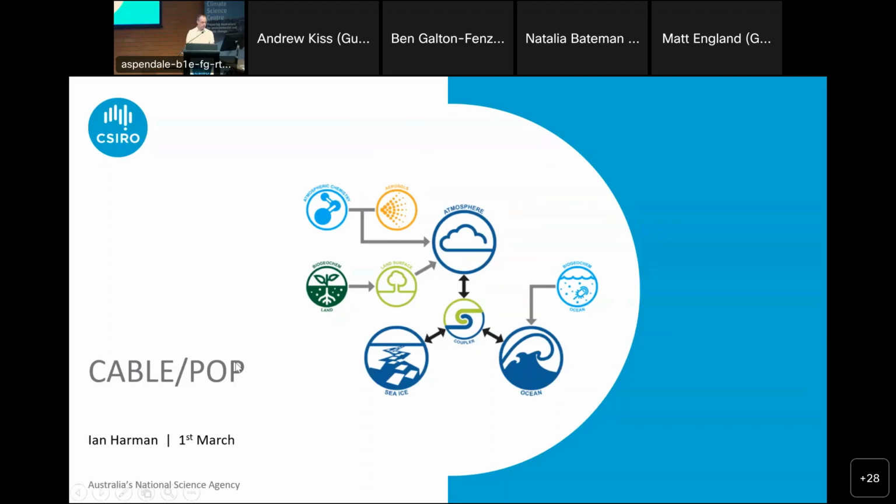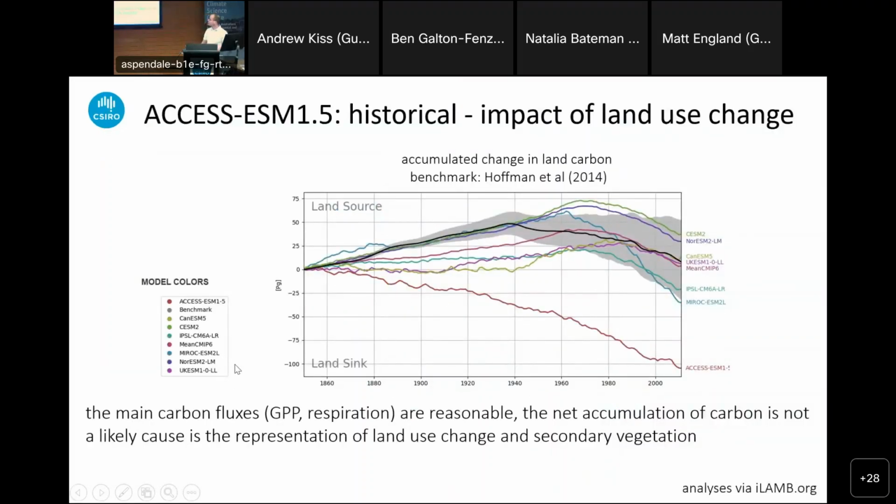Back in October, the land surface modelling group got together and we did a somewhat warts-and-all sharing of how the ESM had performed in CMIP7, and we had a look at results like this.